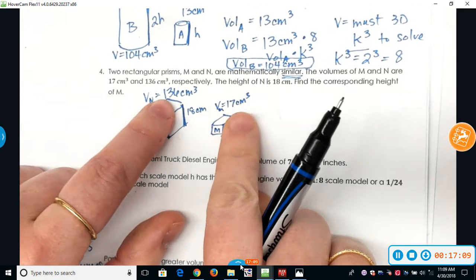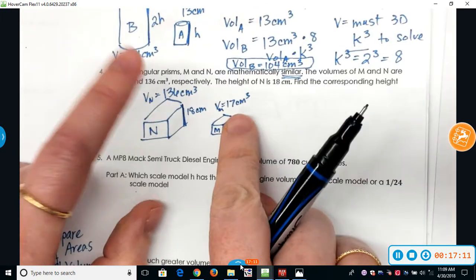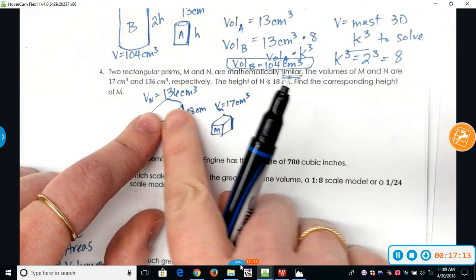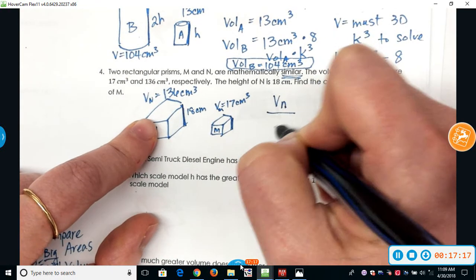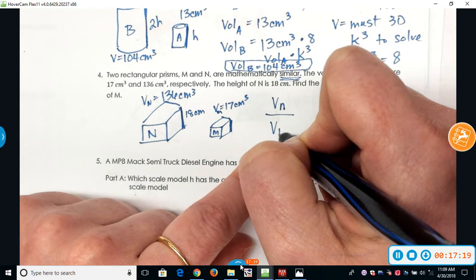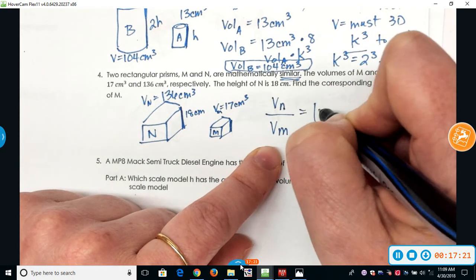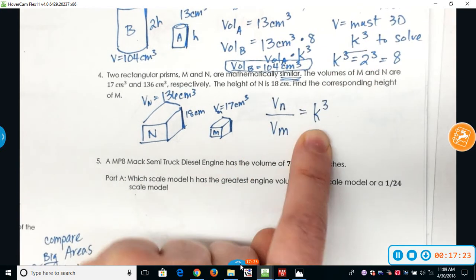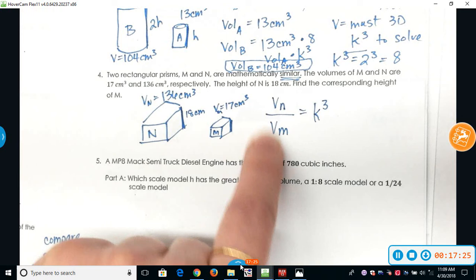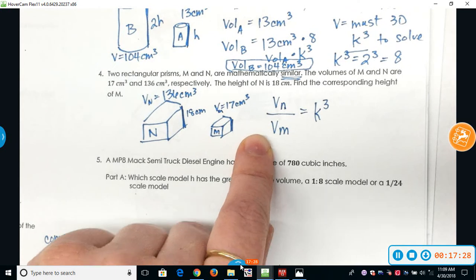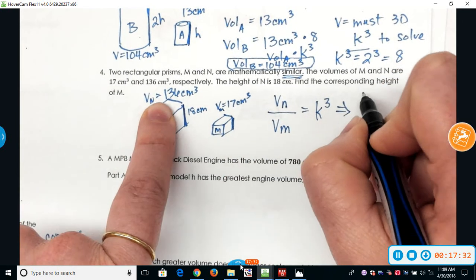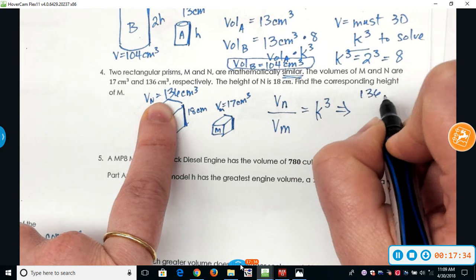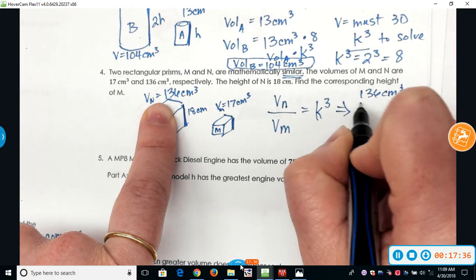Okay, so to start off, comparisons, I can compare my volumes. Volume of N over volume of M. That's going to give me K cubed, because it's a comparison of volumes. So let's plug in numbers. The volume of N is 136 centimeters cubed.